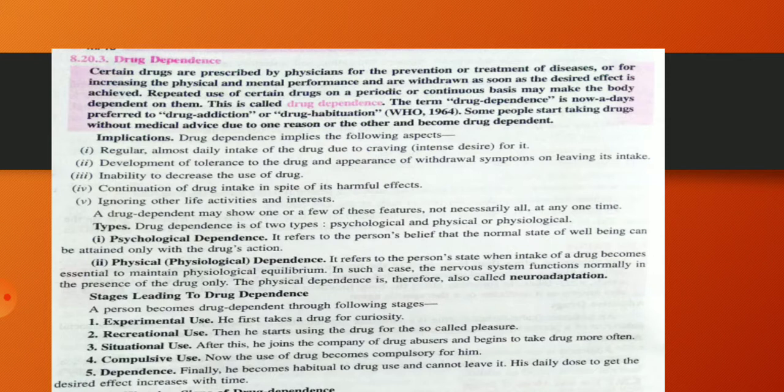These are some examples of drug dependence. Mentally we think that whenever we take medicine for that particular case, it will be cured. So it depends upon the dependency on that particular drug. This is called drug dependence.